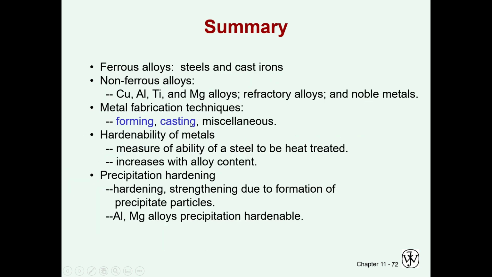I'm not going to talk about this one. So, summary overall, there are two kinds of ferrous alloys. We have steel and cast irons, and the strength or property of the steel depends on the concentration of carbon. However, the cast iron is just very complicated. Considering the fact that cast irons have more than 4% carbon, they're strong.